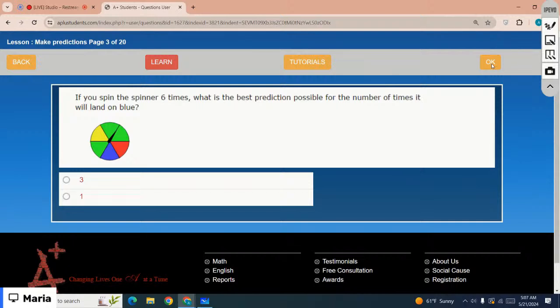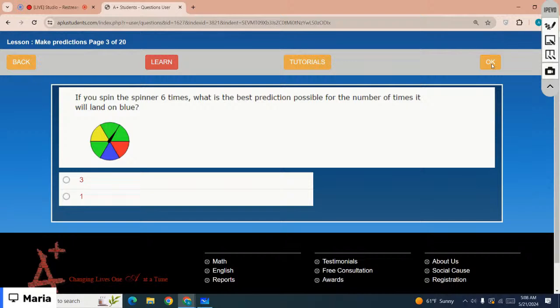The next one is, if you spin the spinner 6 times, what is the best prediction possible for the number of times it will land on blue? So just look at the spinner. 1, 2, 3, 4, 5, 6. The spinner has 6 positions, right? You have to see how many times it will land on blue. So only one portion is blue, right?